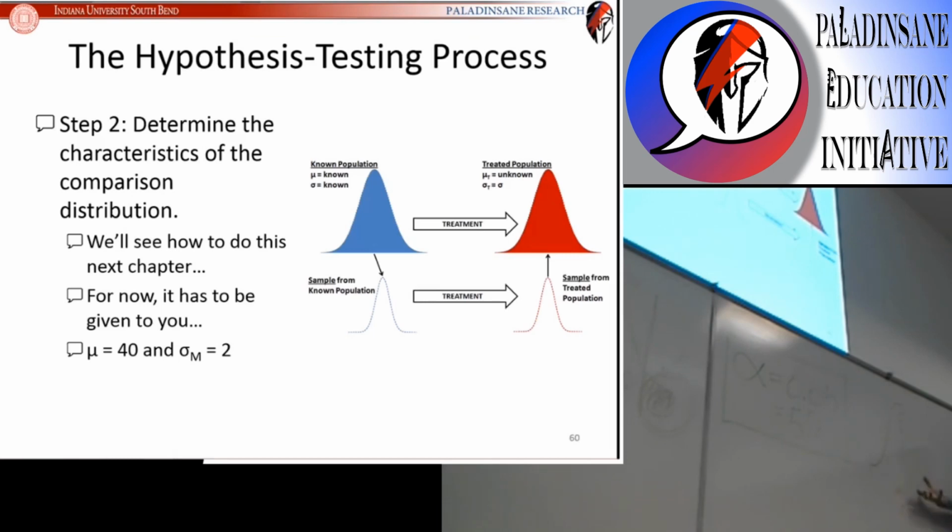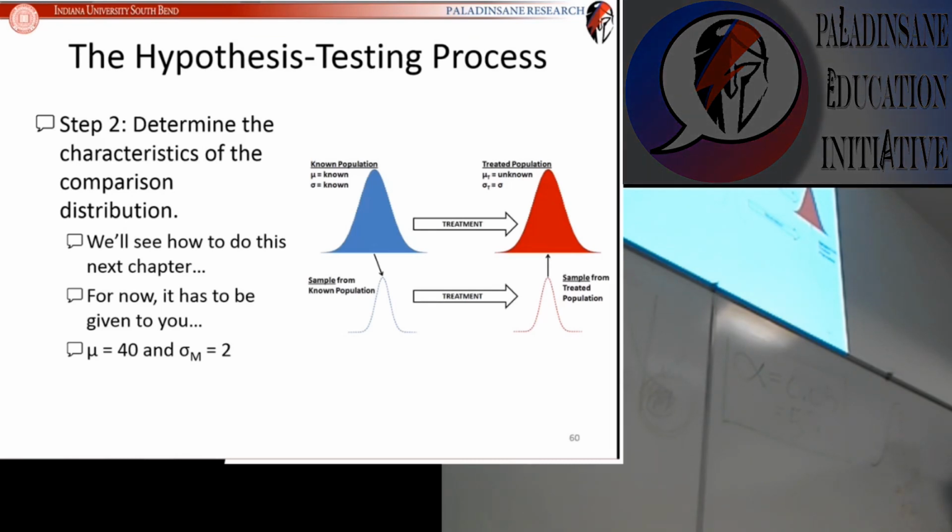So this is our distribution of sample means. And our mean that we found, remember that the mean for our sample was 43.5, right? If this is 40, 43.5 is going to be somewhere over here, right? So that's where the mean of our sample is. And we just want to know, has our mean crossed that line or has it not crossed that line? That's what we're trying to figure out.